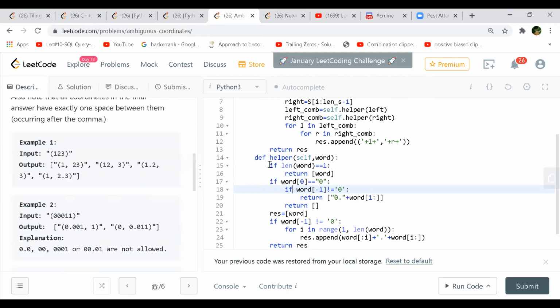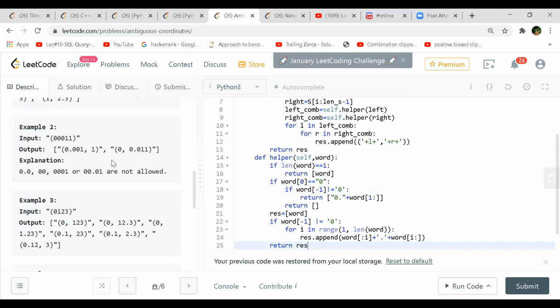What is your test case? Assume the last test case example is 300. How will we proceed for that? In that case, assuming you are coming into this helper function, you will come to line 15, which is fine. It depends on how you are breaking it.